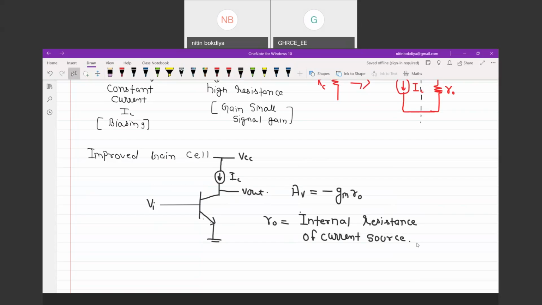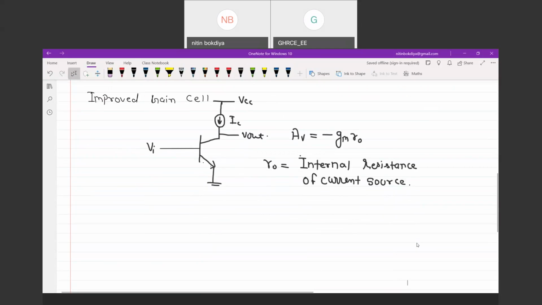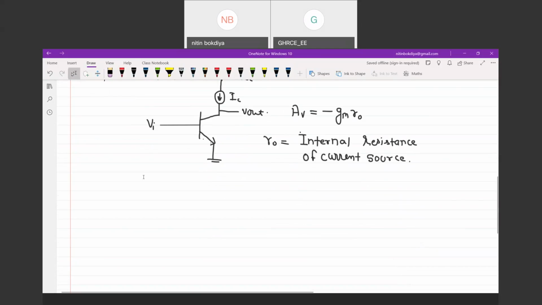Now I can have the BJT equivalent of this current source, and that is a current buffer. A current buffer means a circuit having gain 1.